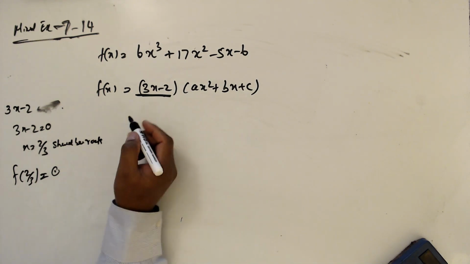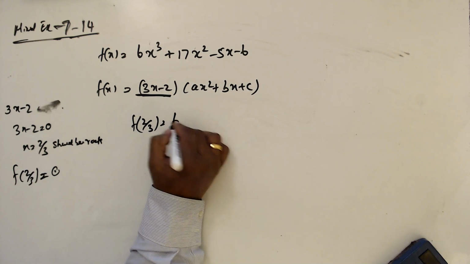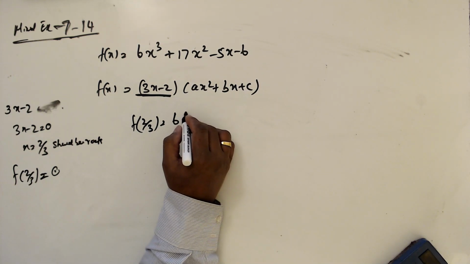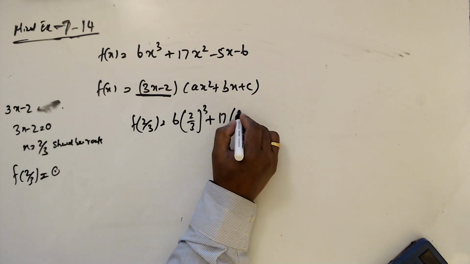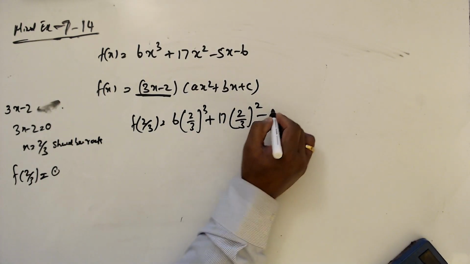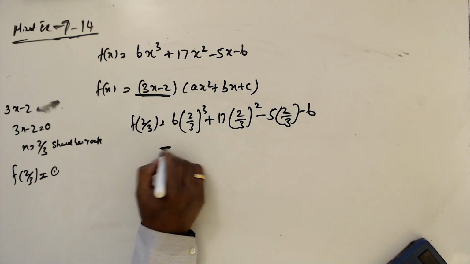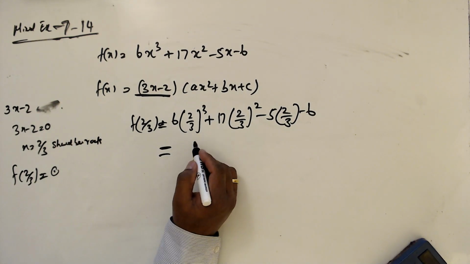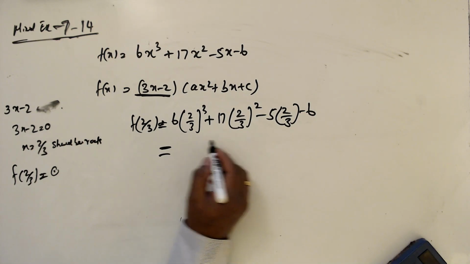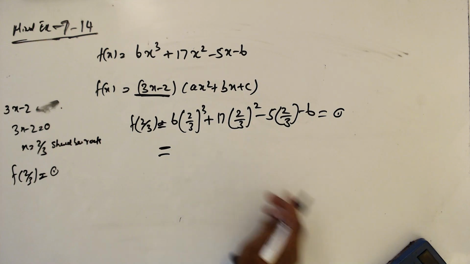So now we put this in and see: 6 times (2/3) cubed plus 17 times (2/3) squared minus 5 times 2/3 minus 6. Now this has to be equal to 0. When the calculation is done, you can see that this is going to be equal to 0.